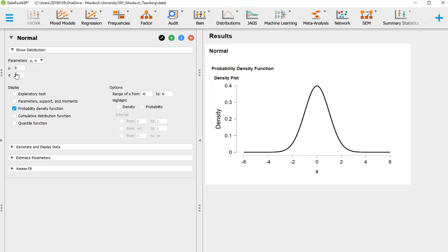But if you want to explore, you can change those values, but make sure you change the range as well. Let's say if you put the mean to be 10 and the range of values of the variable x is from -6 to 6, then you are not going to see the proper distribution. So change the range of values accordingly.